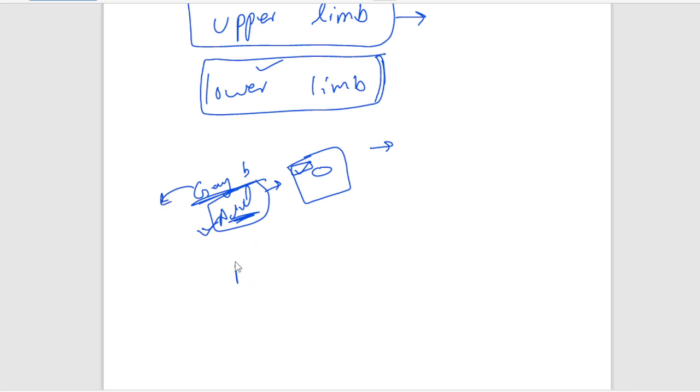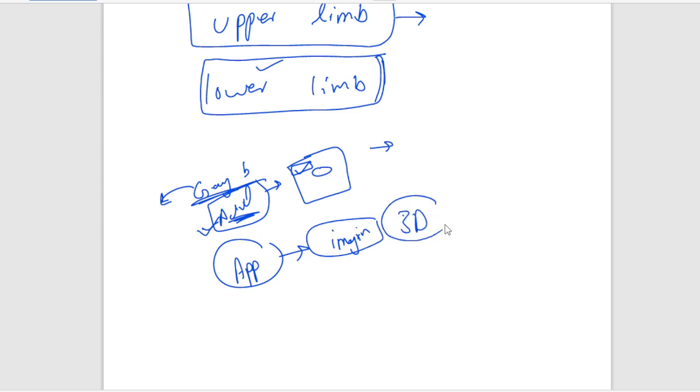The second thing is that I will use an app. The app is very important because it builds your imagination and gives you detailed 3D information about how a bone is positioned, what is on the lateral side and the medial side.